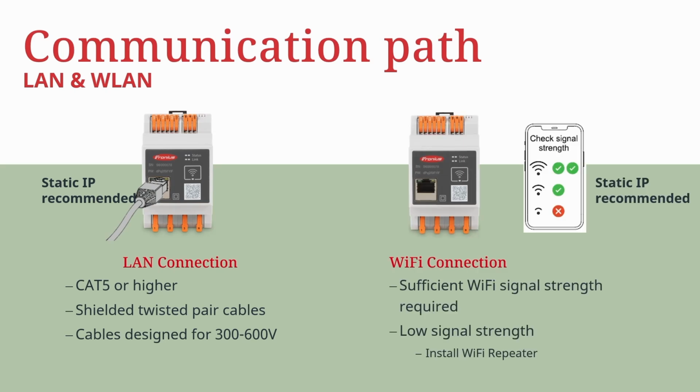On the other side, as I already mentioned, we have the second new possibility of the communication path, and this is the connection via Wi-Fi. Again, we recommend you use a static IP address, and of course you need, let's call it like that, a sufficient Wi-Fi signal strength in your system or your household.